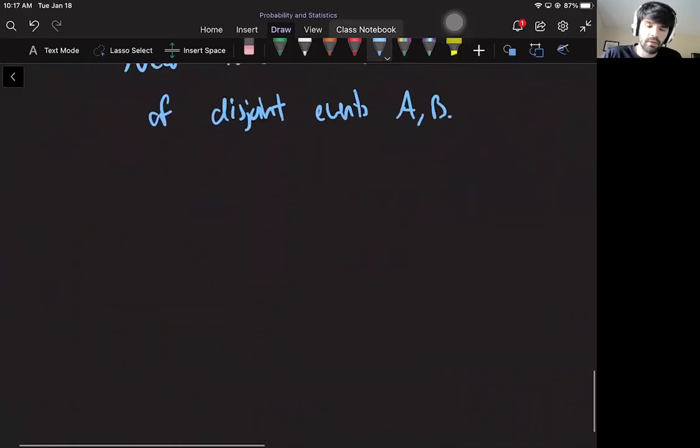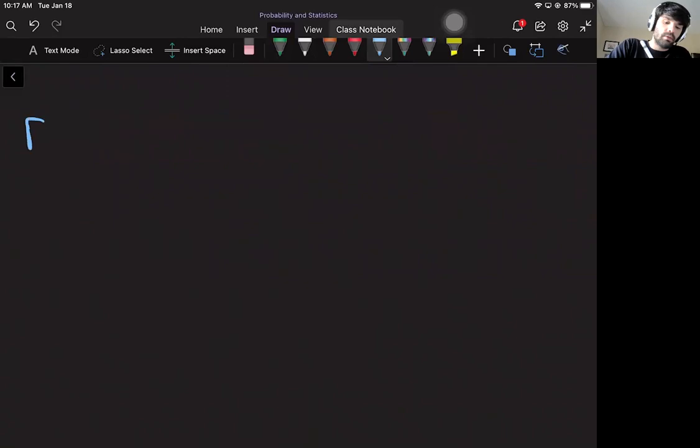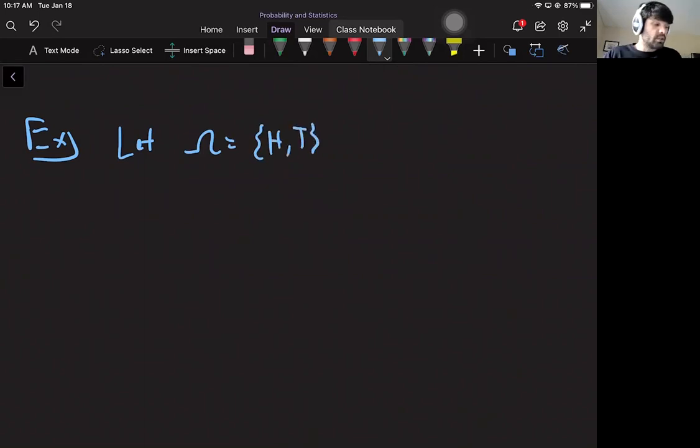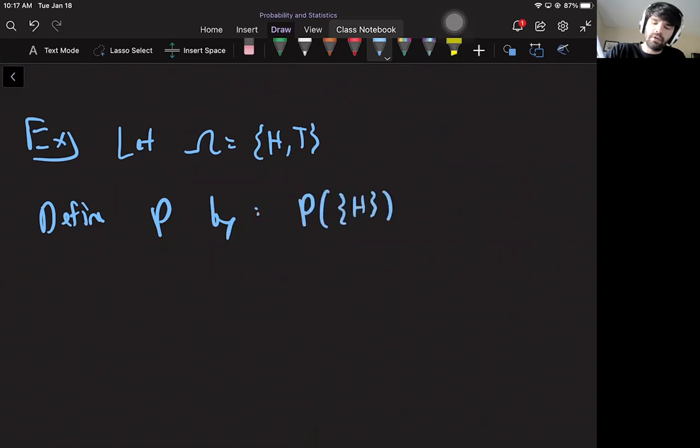Okay, so let's define another probability function for the same sample space. So it doesn't have to be a fair coin. We can define P by, so what we're going to do is just pick your favorite number, and we call it little lowercase p, and that'll be the probability of landing on heads. And then the probability of landing on tails will have to be something very particular to make it work.